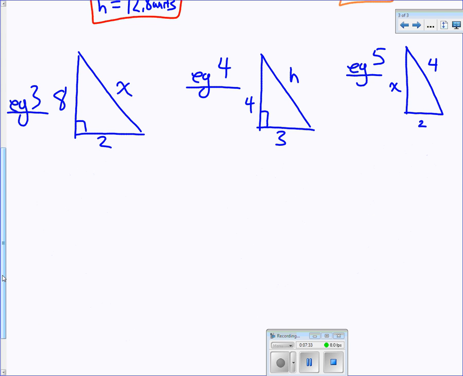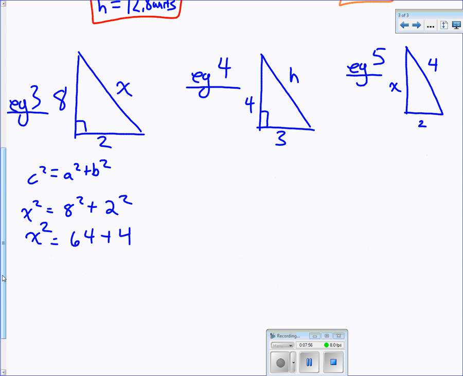Let's do these. So, for equation 3, we have 8 and 2 and x. X is the hypotenuse. So we start with c squared equals a squared plus b squared. We substitute all that we know in here. So we have x squared equals 8 squared plus 2 squared.